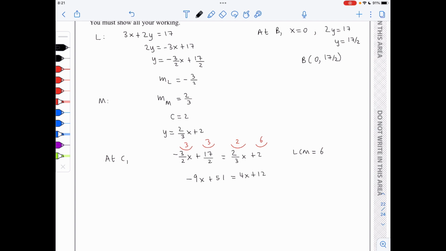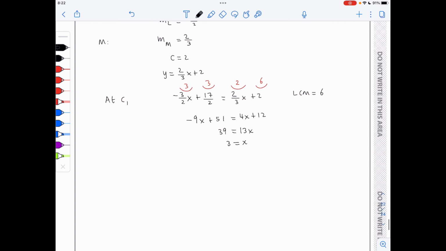So 51 minus 12 is 39, 4x plus 9x is 13x. So we've got that 3 is equal to x. We can proceed to find y. Y is 2 over 3 times 3 plus 2, which is 4, and therefore we have also obtained the coordinates of point C to be 3, 4.